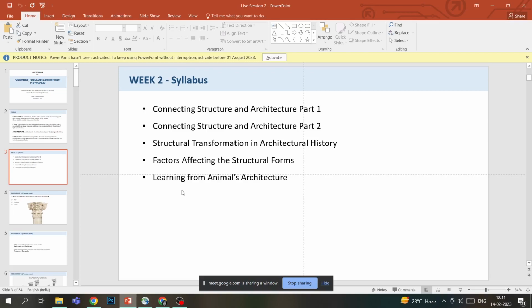The loads on the building, we discussed the loads last week, and you must have covered it in the NPTEL course also, the different kinds of loads, how they impact the structure, and how we consider those loads in our construction.